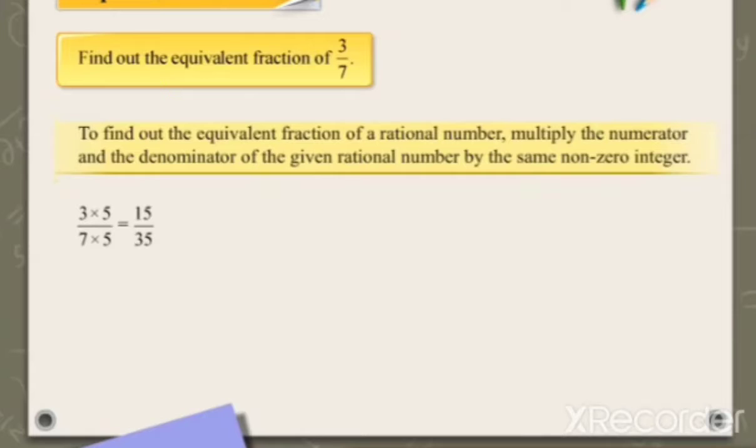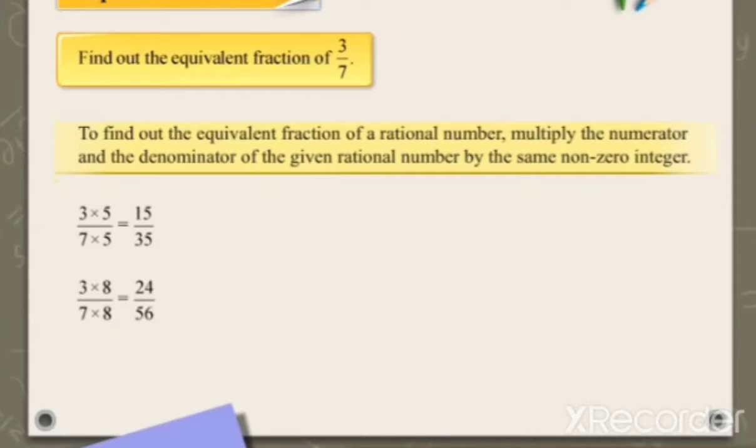Multiplying the numerator and the denominator of 3 upon 7 by 5, we get 15 upon 35 as the fraction equivalent to 3 upon 7. Similarly, if we multiply the numerator and the denominator of 3 upon 7 by 8, we get 24 upon 56 as the equivalent fraction of 3 upon 7.